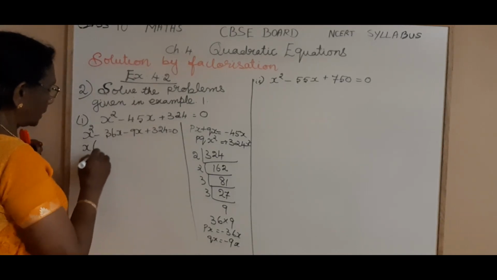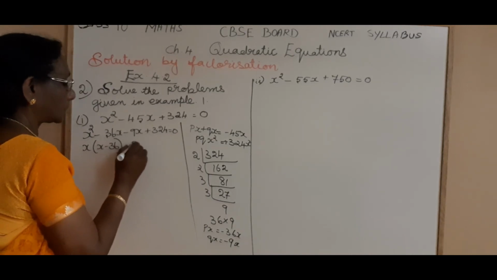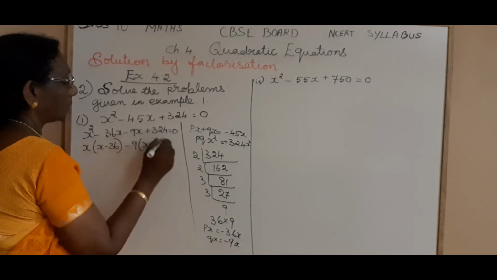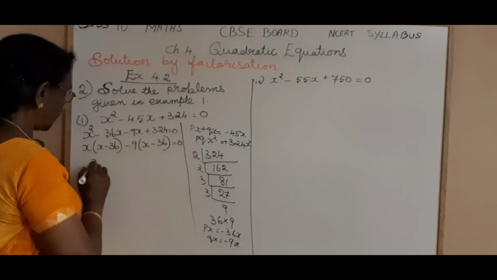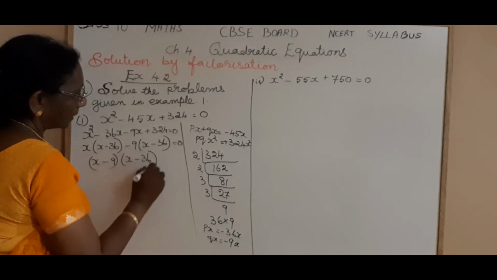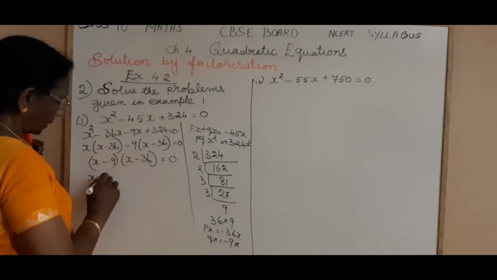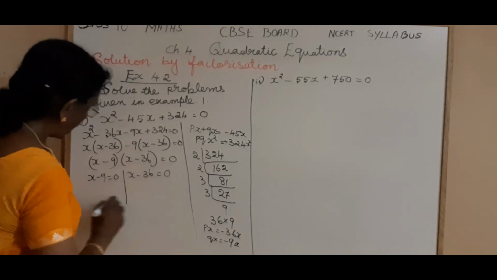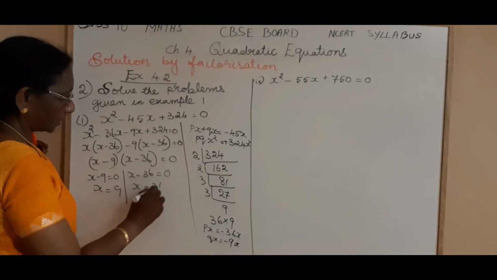Now x is common. x minus 36, minus 9 is common. x minus 36, 9 sixes are 54, equal to 0. So x minus 9 into x minus 36 is equal to 0. So x minus 9 equal to 0 or x minus 36 is equal to 0. So x is equal to 9 or x is equal to 36.